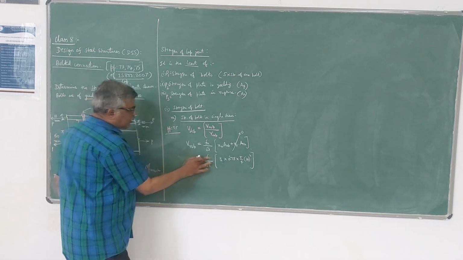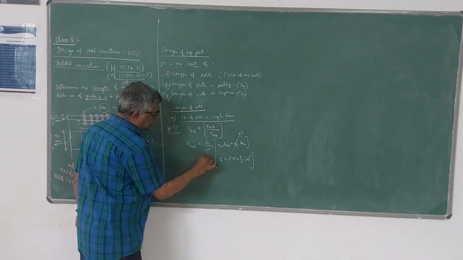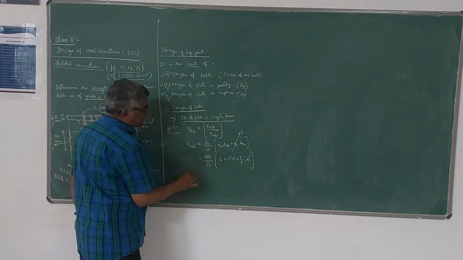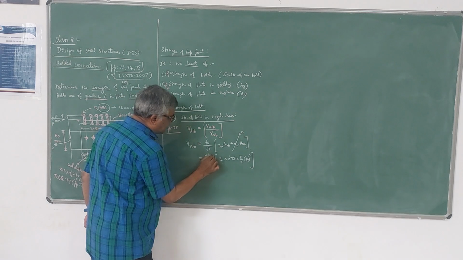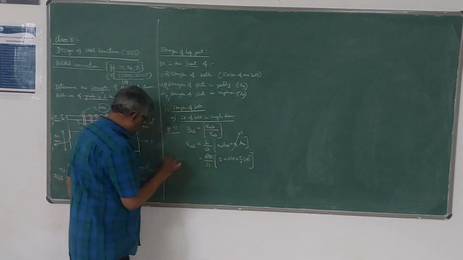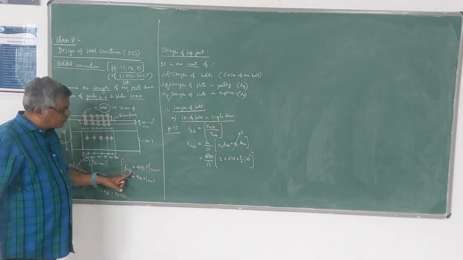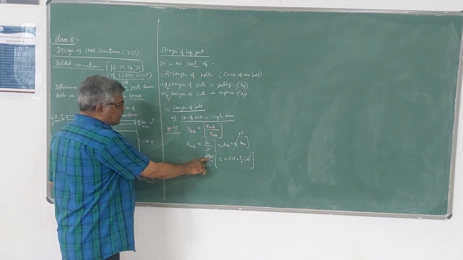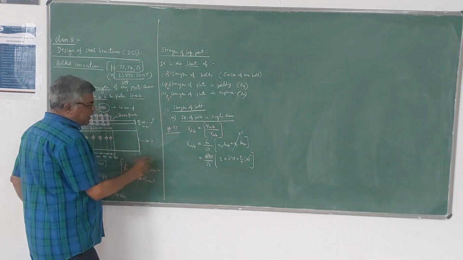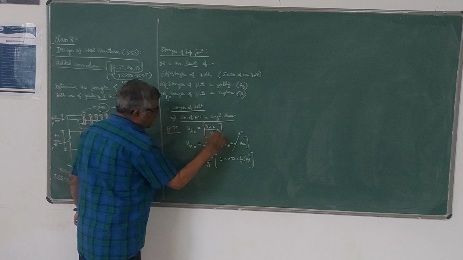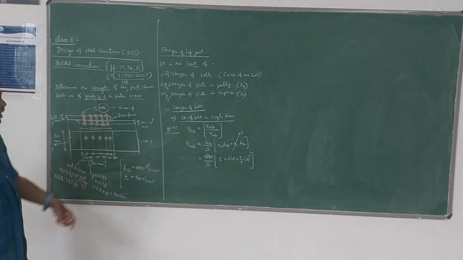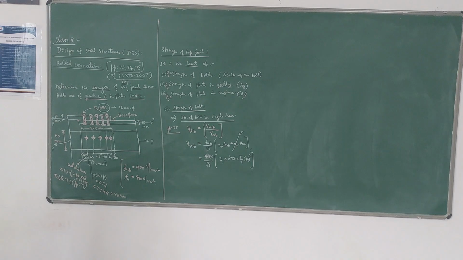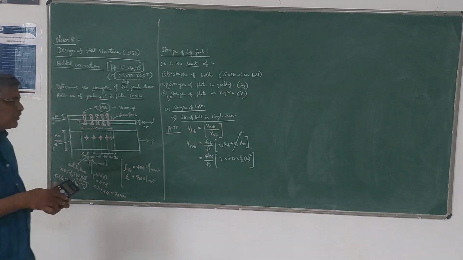Here for FU we put 400, because FU is the strength of the bolt, and we are calculating for the bolt. So this becomes FUB by root 3, so 400 by root 3 into 0.78 into pi by 4 into 16 square.